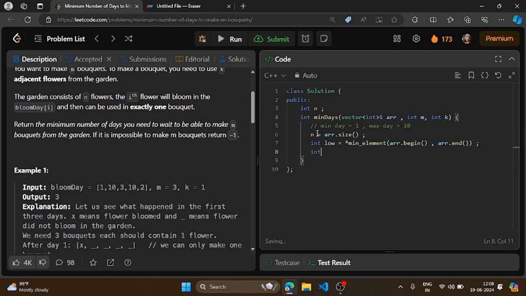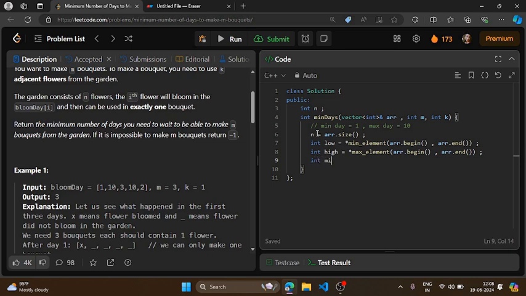Now this is the maximum element, which I will be taking as high. Now this is my initial low and high.